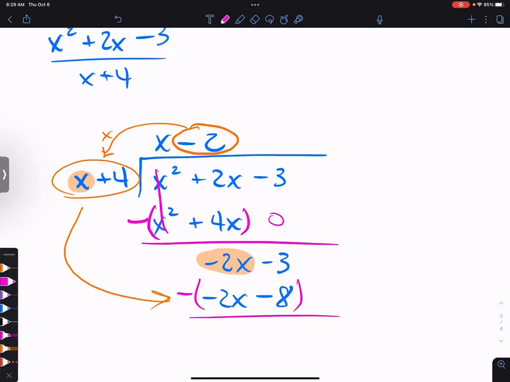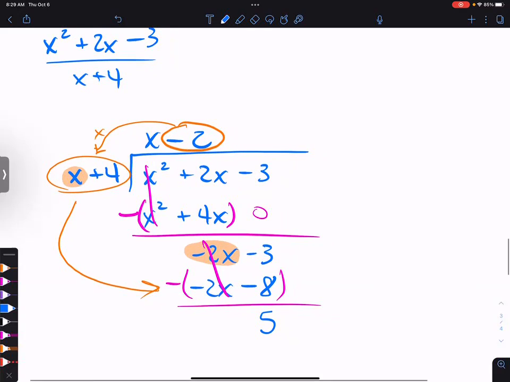Negative 2x minus negative 2x would become negative 2x plus 2x, so those cancel. Negative 3 minus negative 8, so negative 3 plus 8, so 5. You keep doing this until you can't anymore, until this thing doesn't go into that thing. Does this thing go into that thing? No, so we stop. That's the remainder.